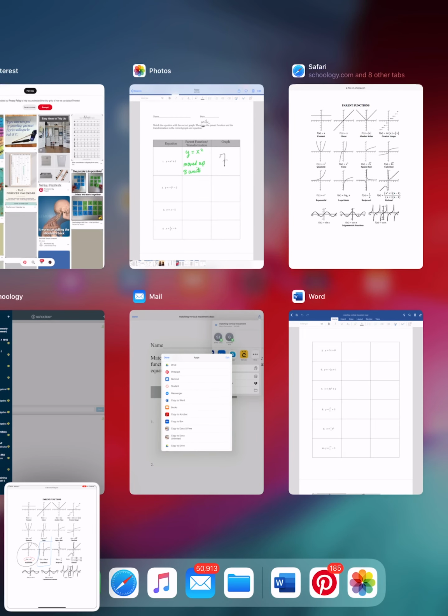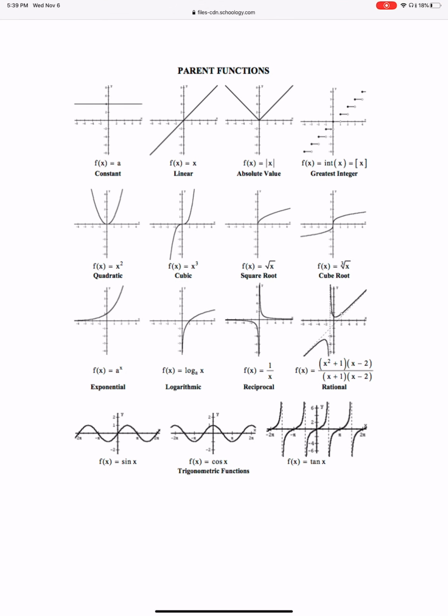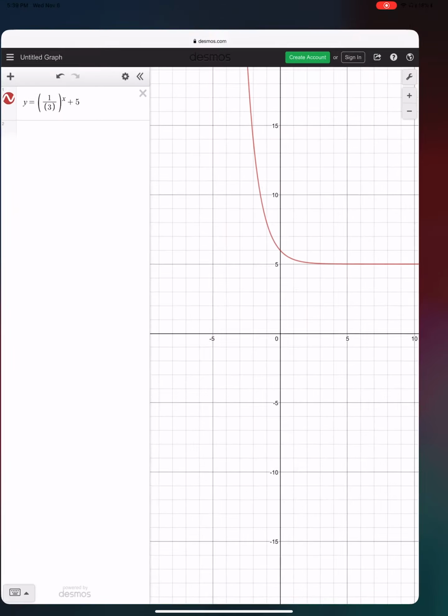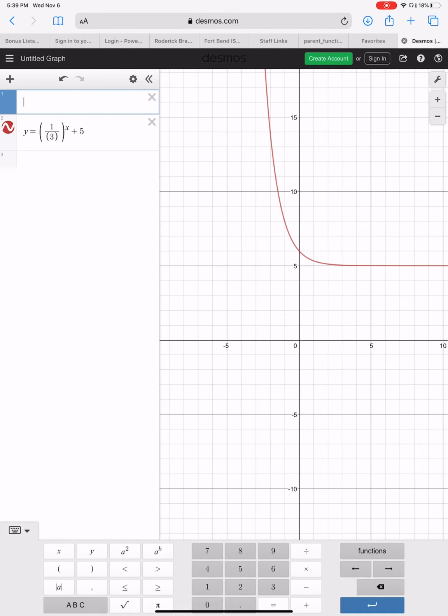So if I go to Desmos, okay, where was I? Right here. So the a in this case is the number where I'm raising it to the x power. So in this case, it's just 1/3.